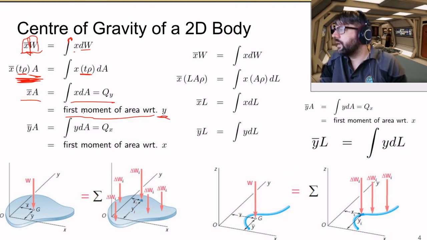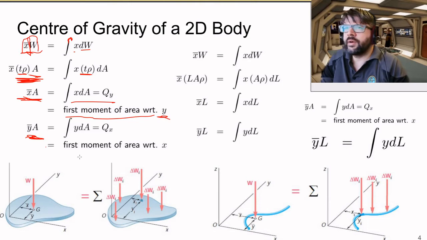That allows us to get the first moment of area. So we can get our x bar A or our y bar A. That'll be our first moment of area with regards to y, or first moment of area with regards to x.